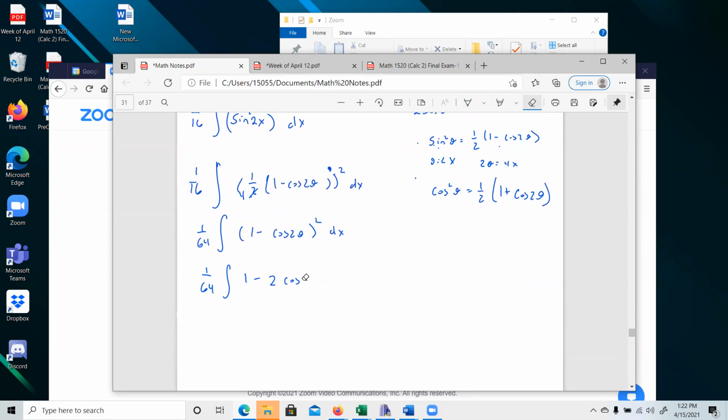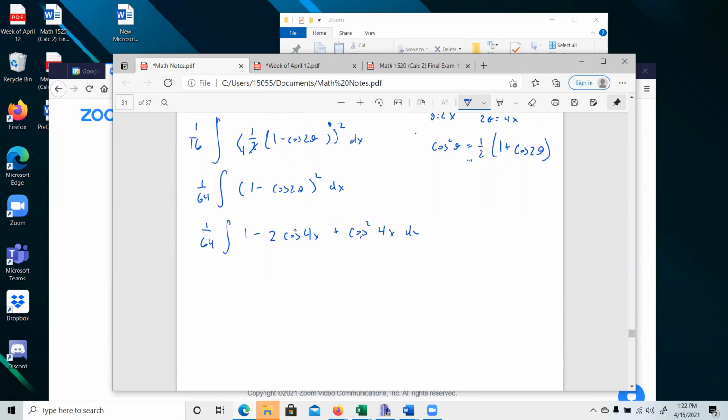So here we go, that's 4x, and then plus cosine squared 4x. So we squared it. Beautiful, we got a cosine squared. We can't have a cosine squared, so we have to do something about that.